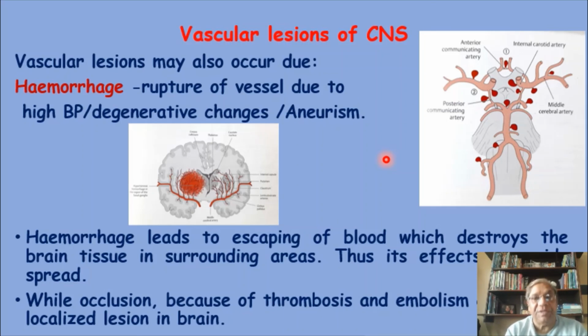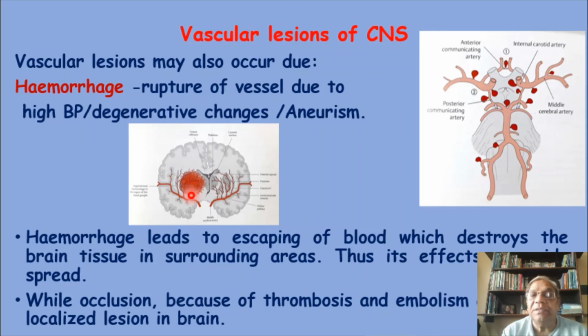Hemorrhage means bleeding after rupture of the blood vessels. Hemorrhage leads to the escaping of blood, which destroys the brain tissue. When the blood comes out, say for example here, it diffuses into the tissues and destroys the brain tissue in surrounding areas.